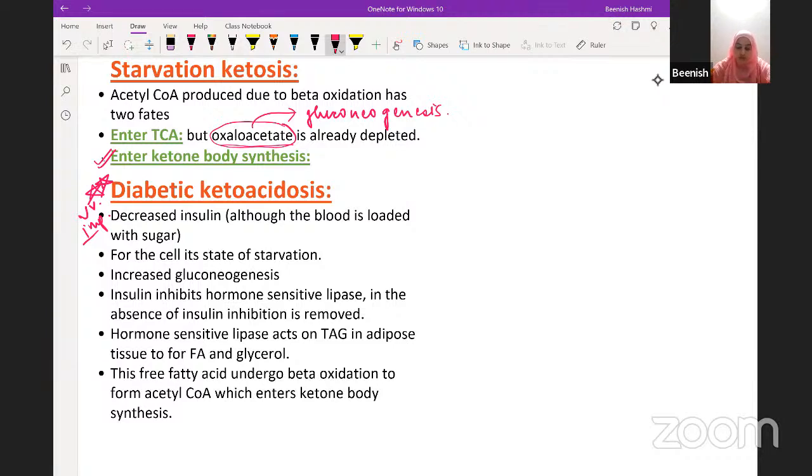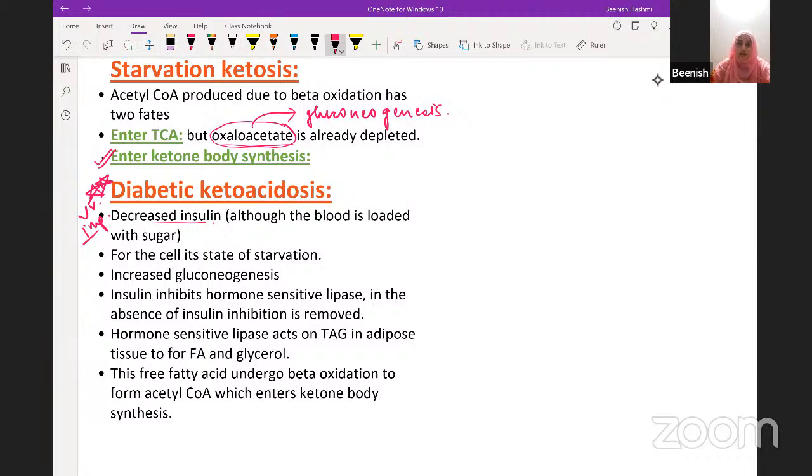So decreased insulin, that is your diabetes. The level of insulin in your body is decreased, although the blood is loaded with sugar. So there is sugar in the blood, but the insulin level is decreased. As a result, the glucose that is present in the blood is not able to enter the cells. So the cells think that there is a state of starvation.